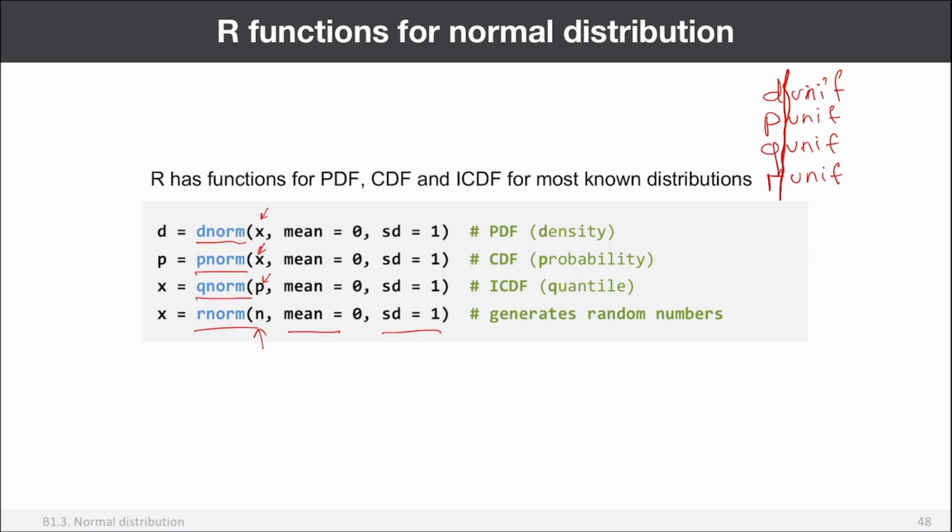But if you don't do that, then R will think by default that you want to get a value for the standardized normal distribution, for z-score. So it will assume that the average is 0 and the standard deviation is 1. So if you indeed need, for example, density, probability, or quantile for the standardized normal distribution, then you simply skip these parameters. But if you want to get this for particular values, for a particular population, then you need to provide the parameters of this population.